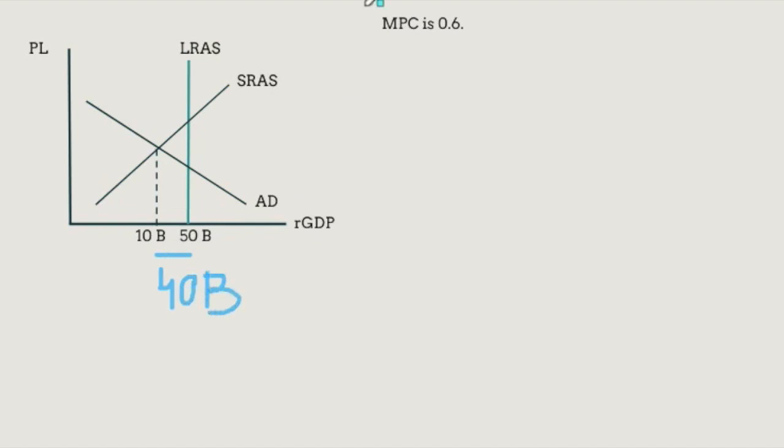And we're also given the MPC as 0.6. Now first let's look at what this means. MPC of 0.6 means people are spending 60% and saving the other 40. The question we see here is, how much should we lower taxes to close this output gap?